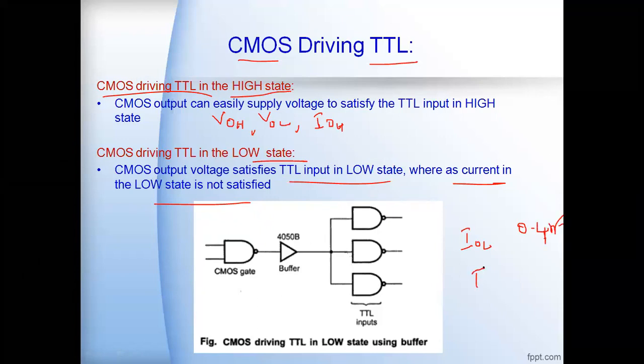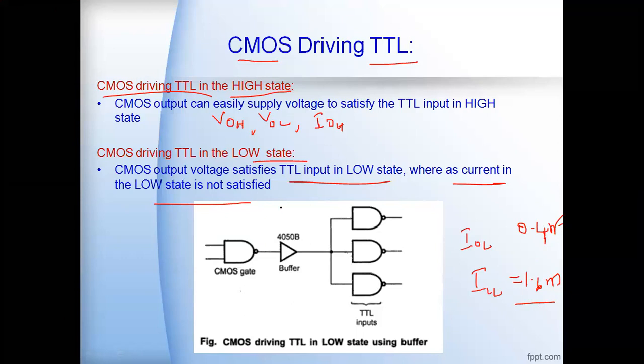But the TTL transistor requires a current of IIL of 1.6 milliamperes. So this small 0.4 milliampere current cannot handle the 1.6 milliampere of current.